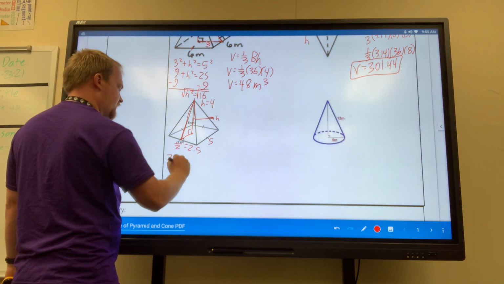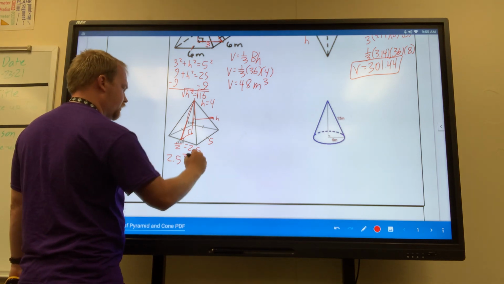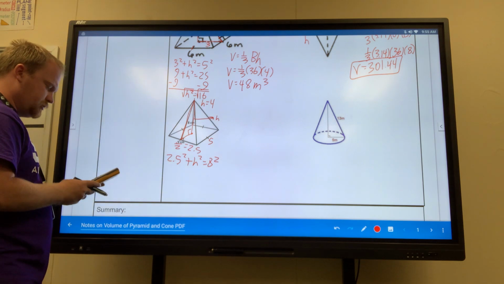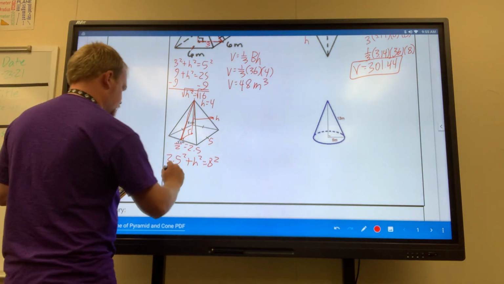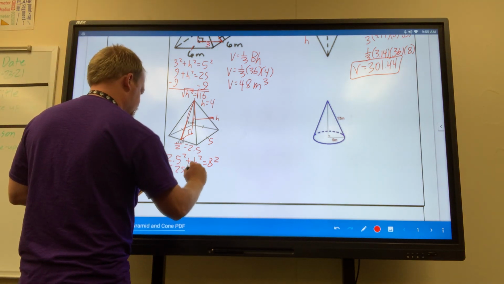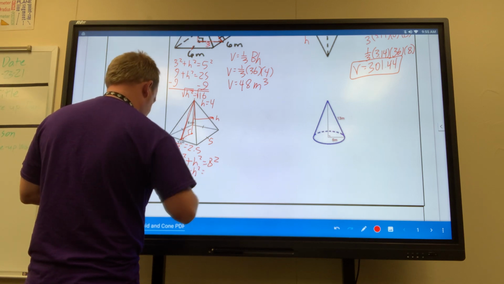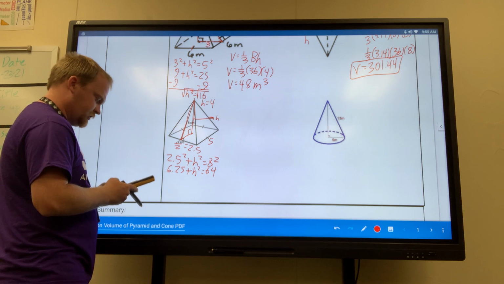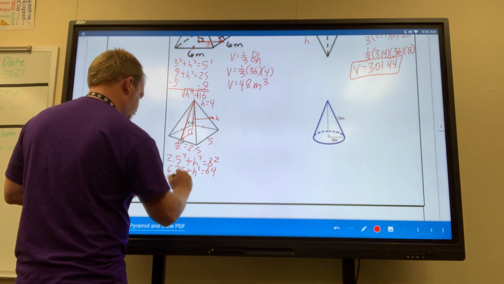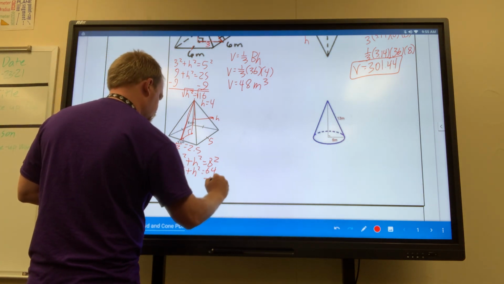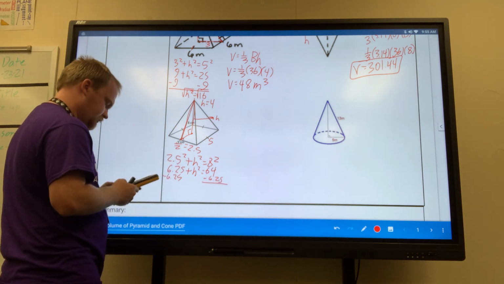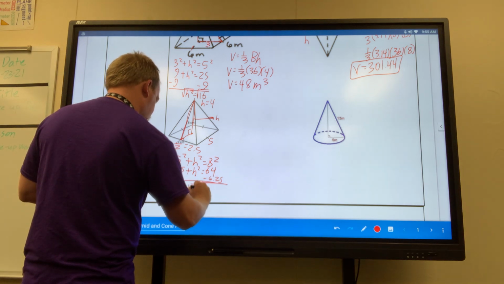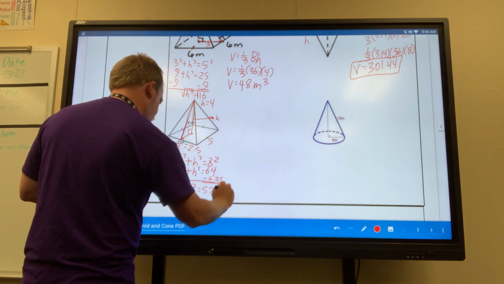So 2.5 squared, and again, I gotta use the Pythagorean theorem. 2.5 squared is 6.25 plus H squared equals 64. Subtract 6.25 from 64, which is 57.75.